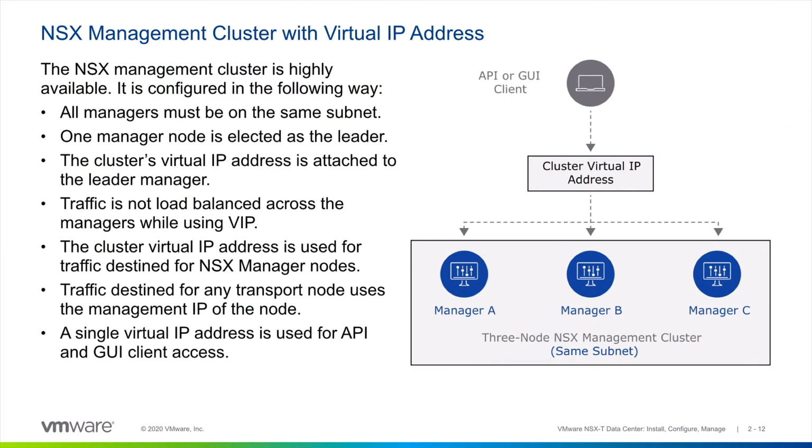Now, because my manager nodes are clustered, we probably want some way to access them centrally. Rather than accessing manager 1 or manager 2 or manager 3, maybe I want to just access my NSX management cluster. Well, how can I do that? One way is through a built-in virtual IP address, or VIP, functionality.